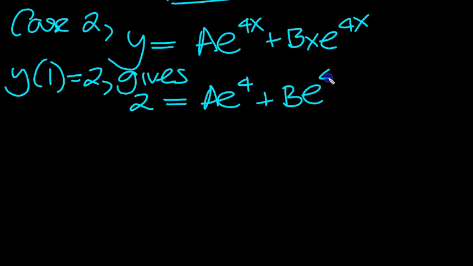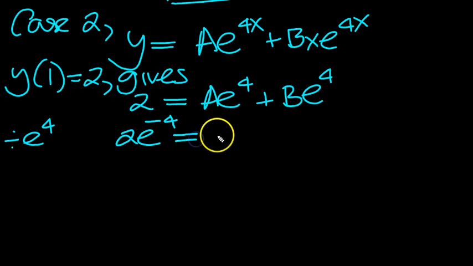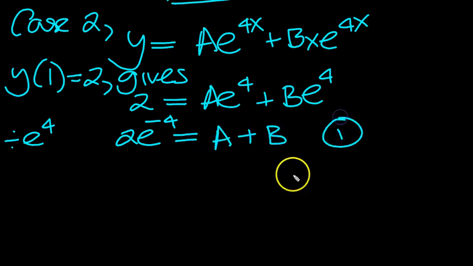E to the 4 times 1 is e to the 4. So that's equation 1. Now I'm going to divide both sides by e to the 4. So 2 times e to the minus 4 is equal to a plus b, and I'm going to label that as 1.